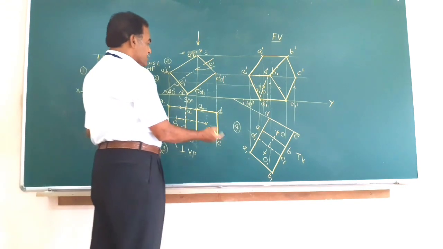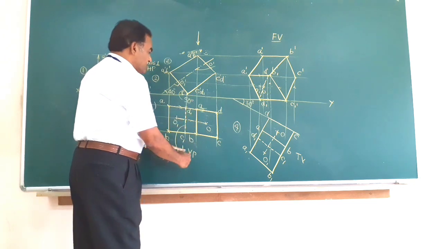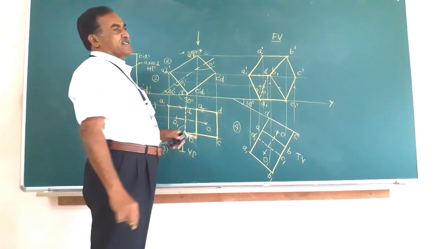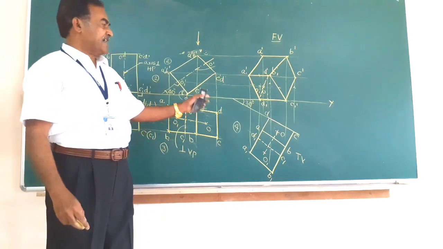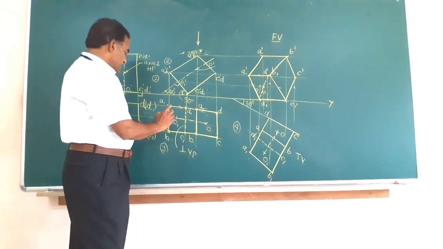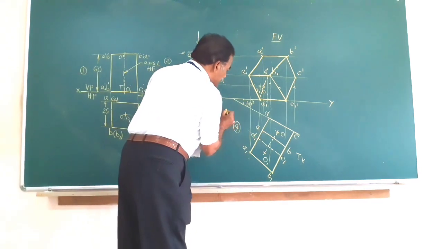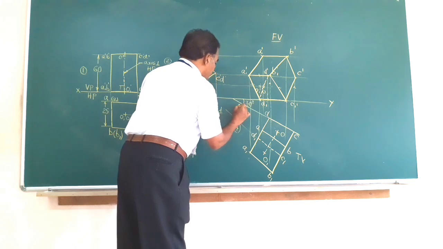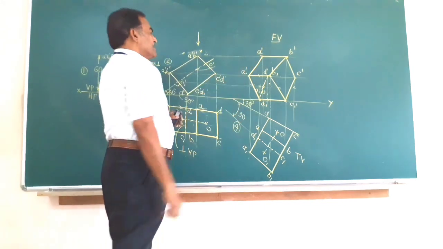Now you can see the object is resting on CD, and that CD was normal to VP, but in the question it is said that the side on which the object is resting should be at an angle of 30 degrees. So figure number 3 is drawn with that edge CD making an angle of 30 degrees. Same, because these are parallel to each other. I have redrawn the figure and obtained the final front view.